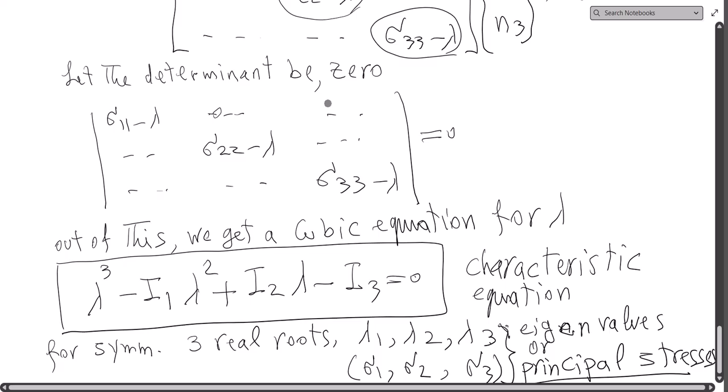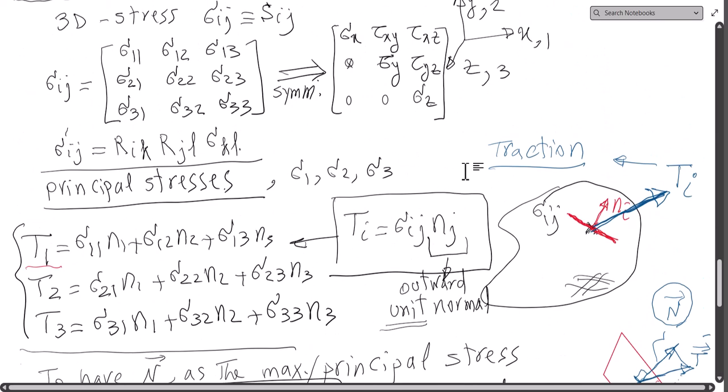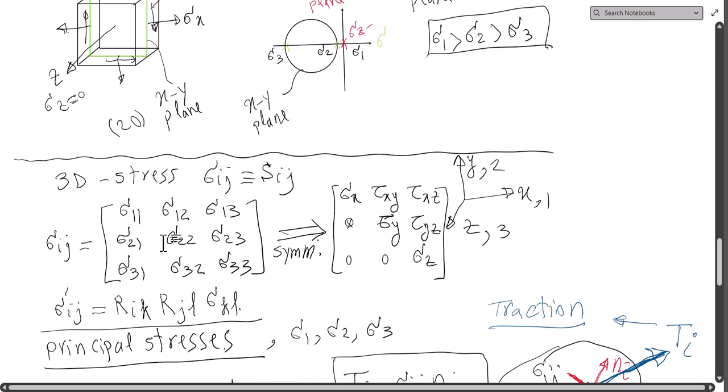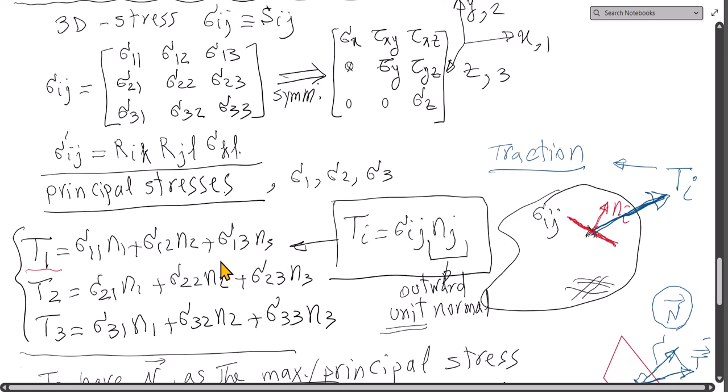So let's wrap up what we have said here. We start with a stress tensor. We identify a plane by outward unit normal.